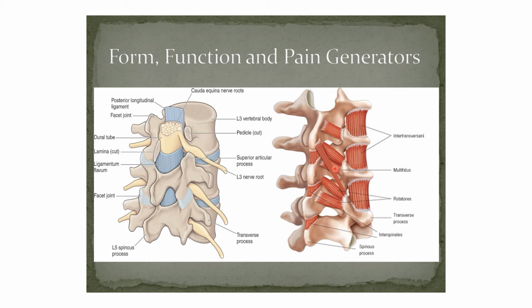And when the multifidi get weaker over time, we actually lose the ability to do that. So when folks do core exercises, in reality, we are trying to condition these small intrinsic muscles as opposed to the six-pack abs or the muscles that bodybuilders have, or the muscles that look good when we go to the beach.